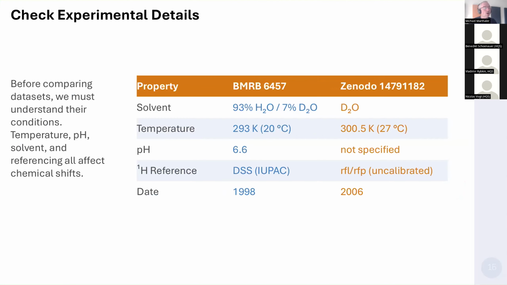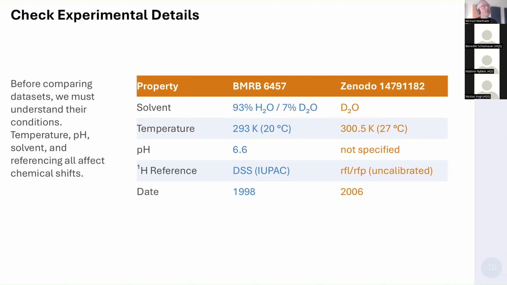Now, we start by looking at the conditions that are fortunately recorded for the BMRB, of course. That is always well documented, where the data comes from. And fortunately for the data that we got from Zenodo, it's also recorded. What we see is that the solvent is different, and that's a quite meaningful difference. That also means that the final result will not be completely comparable.